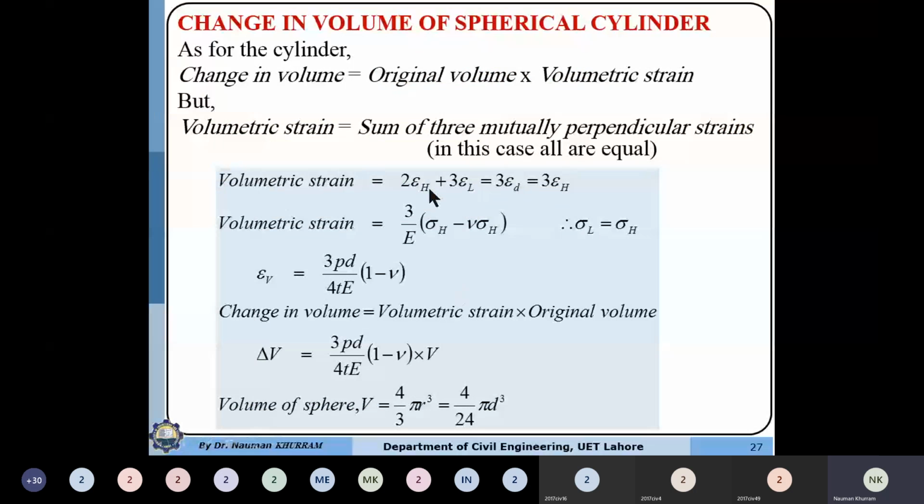We have already derived that volumetric strain is equal to 2 times the hoop strain.